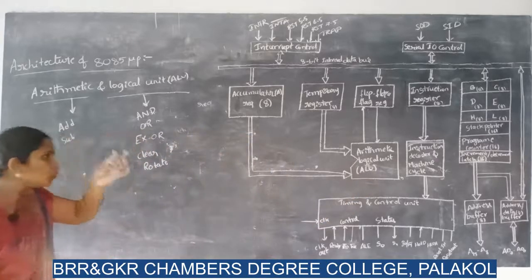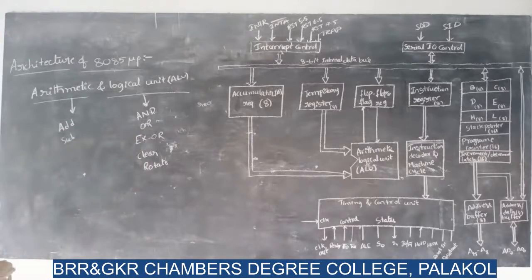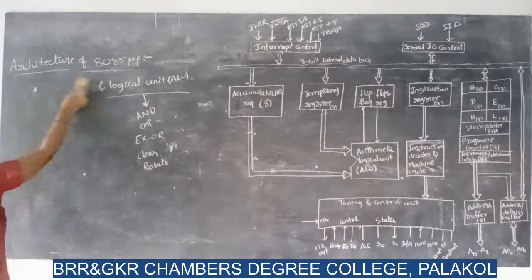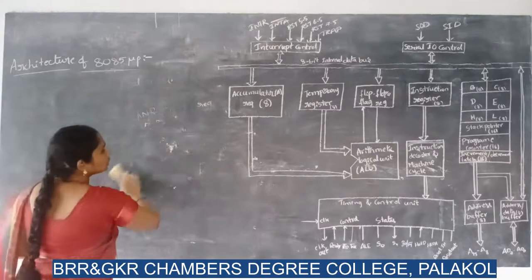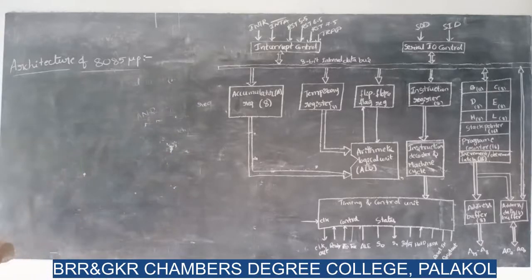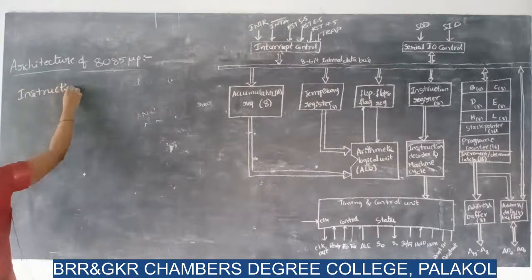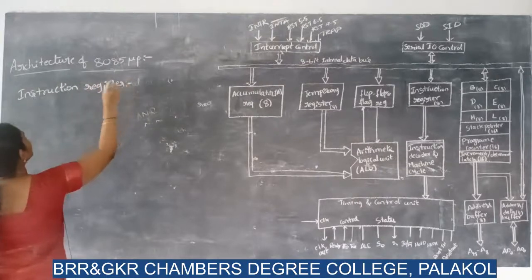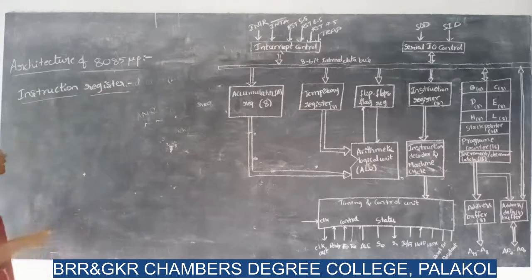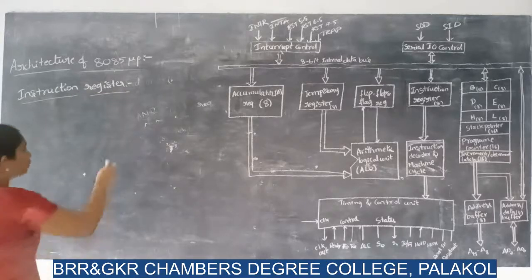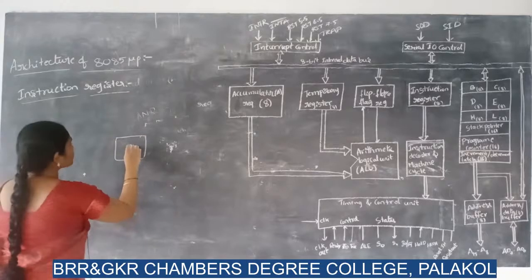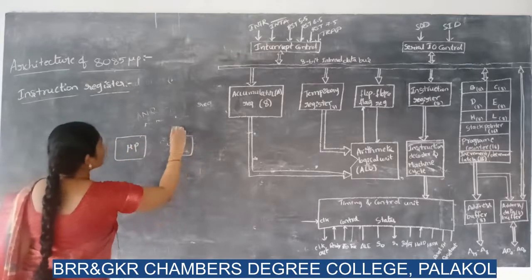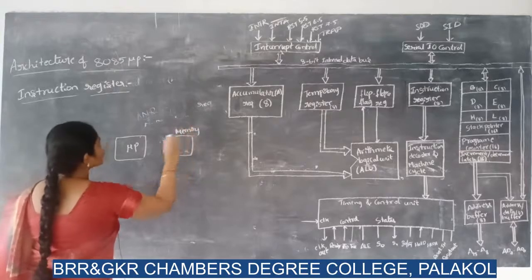Okay, all these operations are performed by this arithmetic and logical unit. Next we move to the instruction decoder and machine cycle. Before going to the instruction decoder, I will explain the instruction register. Here this is a microprocessor and this is a memory. A microprocessor can fetch the instruction from the memory.